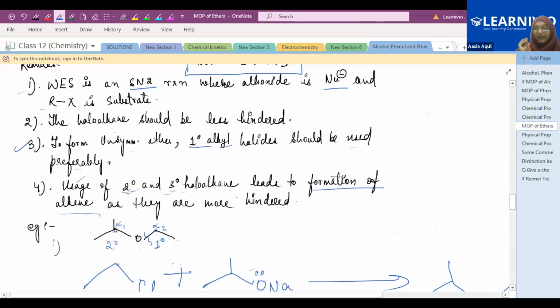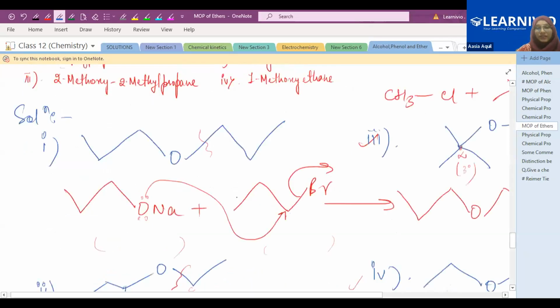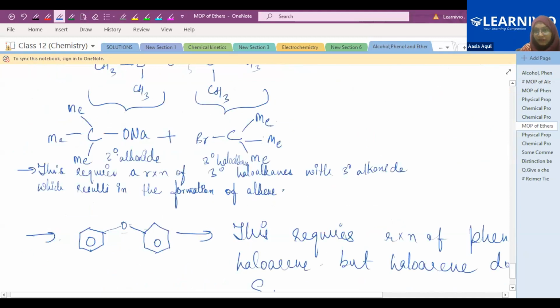Because there are more bulky groups like CH3. You can see there are three CH3 groups over there. और CH3 group क्या होता है? These are plus I groups. They show plus inductive effect.